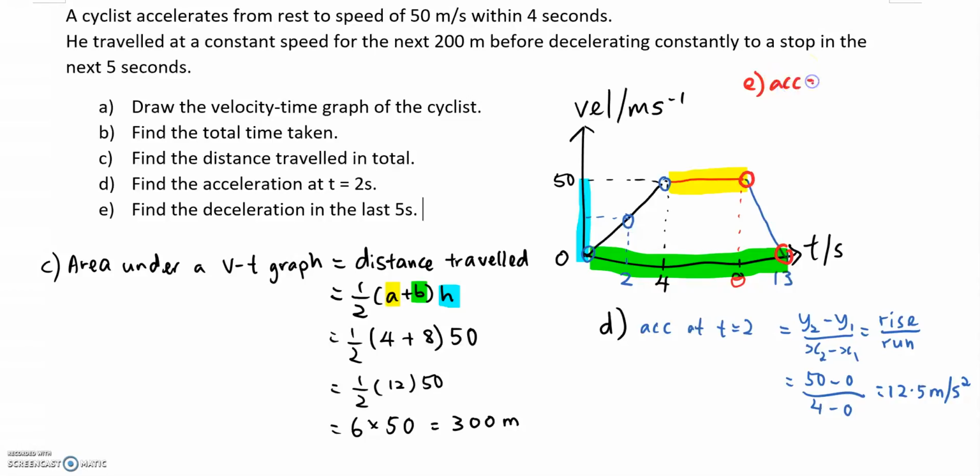So acceleration is equal to 0 minus 50 divided by the time taken of 5 seconds. So we have minus 10 meters per second squared. And with that, therefore, the deceleration must be just 10 meters per second squared.